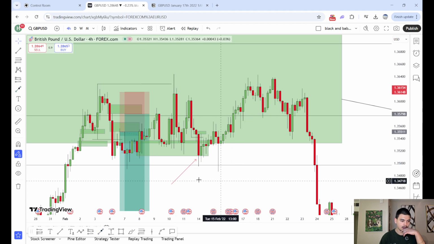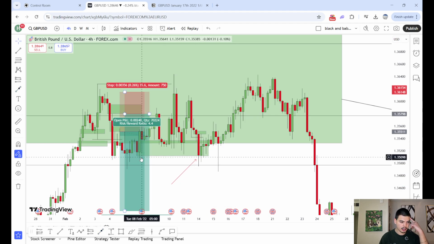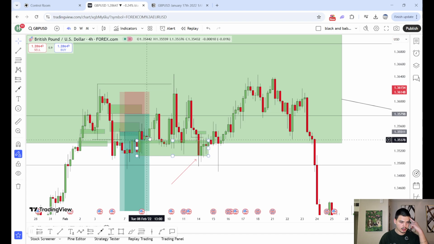Right there, you know what I mean? So we had this down close candle right here, which supported price higher here. Price came back, supported price higher again. Price came back, supported price higher. Price came back, and then it continued to support price higher.